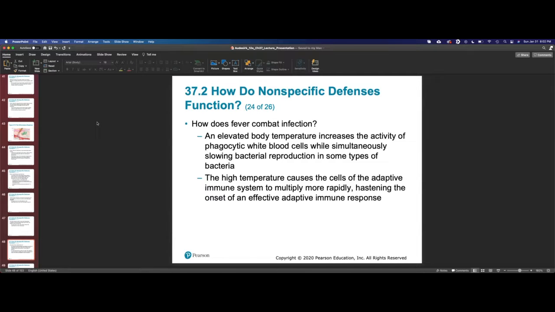An elevated body temperature is going to increase the activity of your white blood cells while also slowing down bacterial cells. Those that are pathogenic have sort of evolved to reproduce best in normal body temperature.